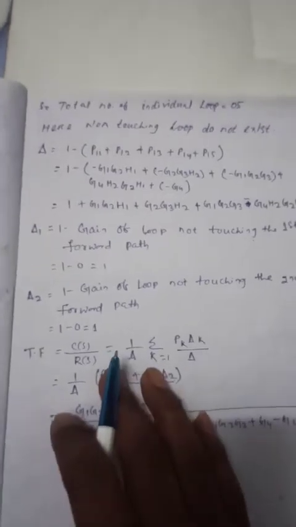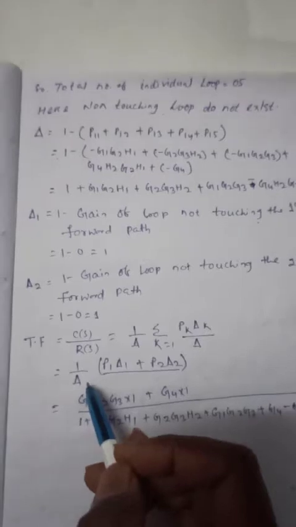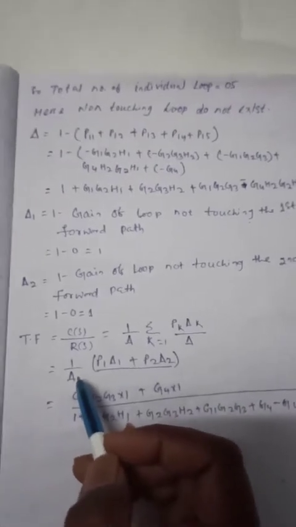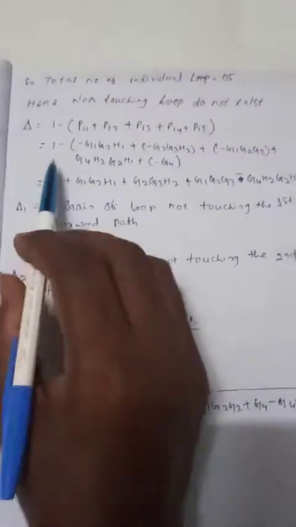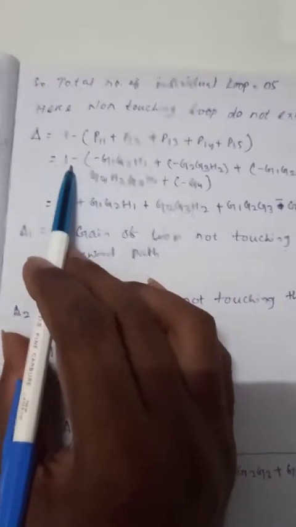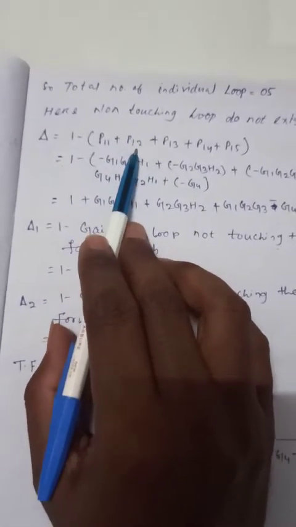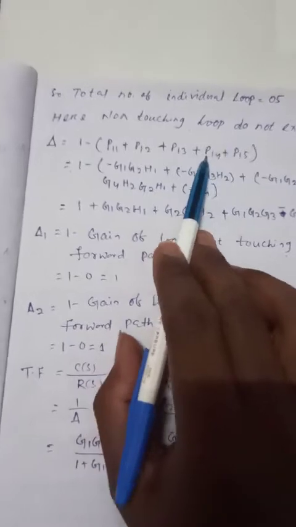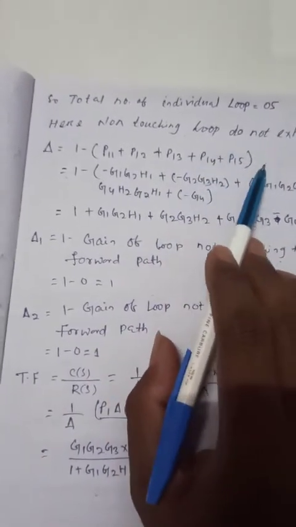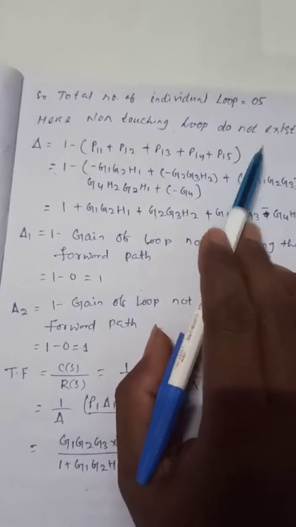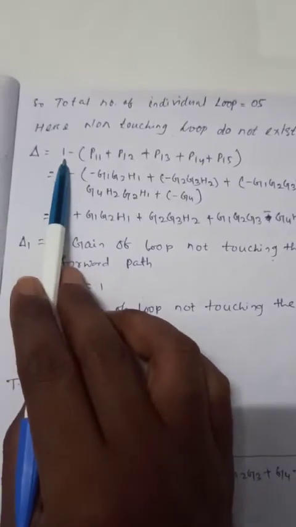Then find the del value. Del is equal to 1 minus the sum of the individual loop gains plus the sum of products of two non-touching loops.